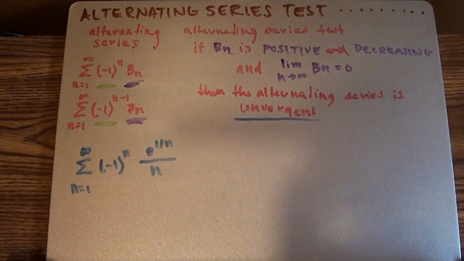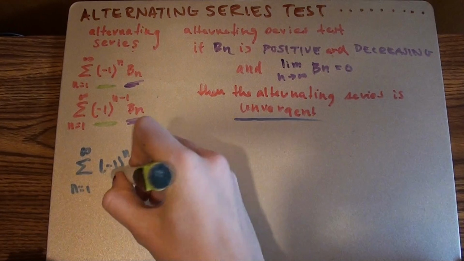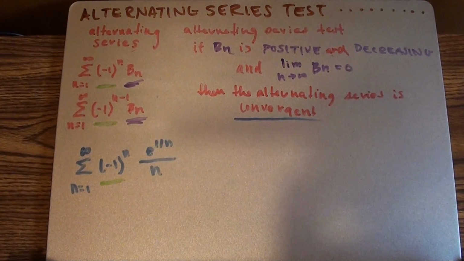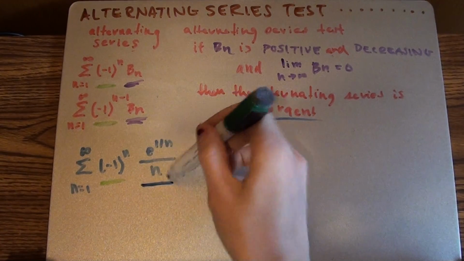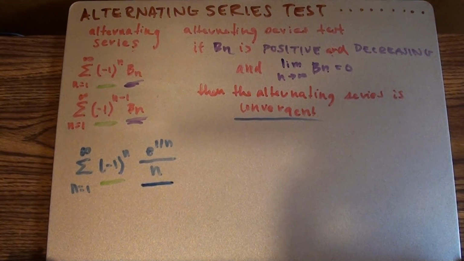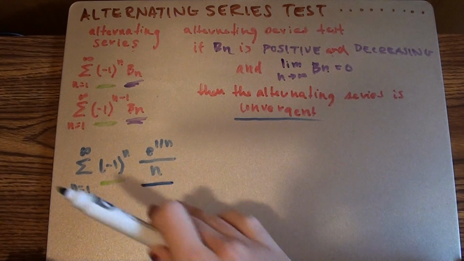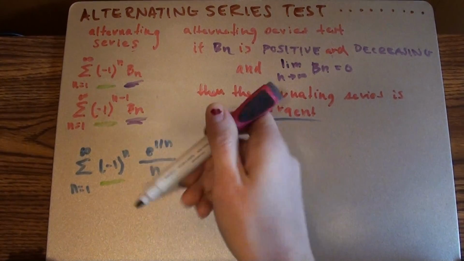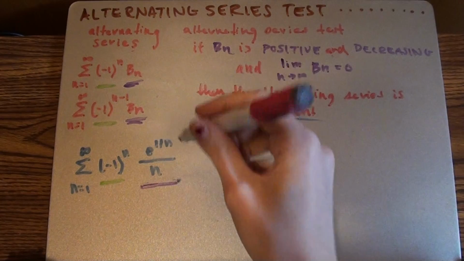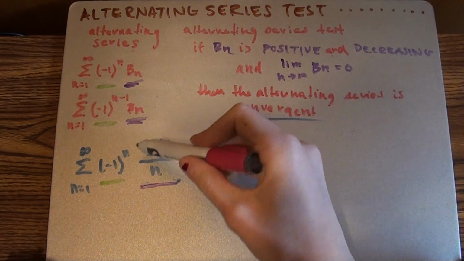So we know it's an alternating series, right? Because we have our (-1)^n. So that's one thing we know. Now we have to use our knowledge of our Bn to figure out what happens next. The first thing we have to conclude is whether or not our Bn is positive, right? So let's look at the pieces in our Bn.